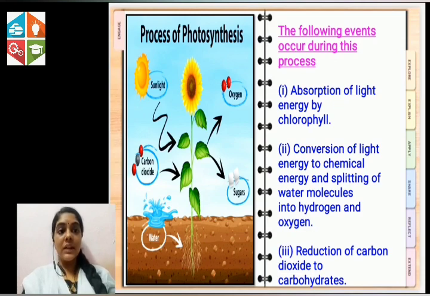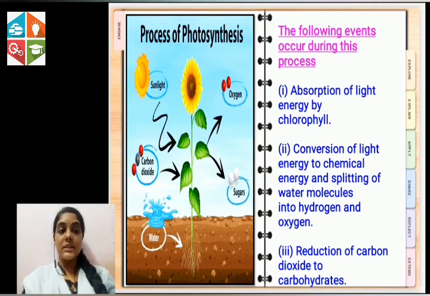Then what is happening? As I said, it is photosynthesis, right? The energy is obtained from the light. So here there is conversion of light energy to chemical energy, thereby the splitting of water molecules into hydrogen and oxygen. The water molecules split and form hydrogen and oxygen.